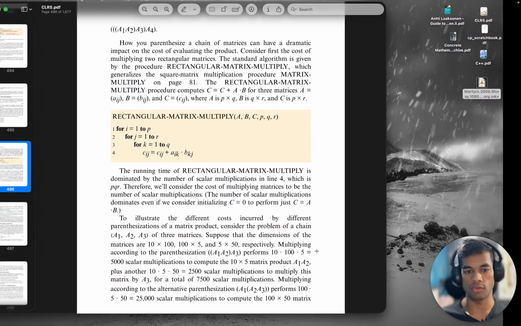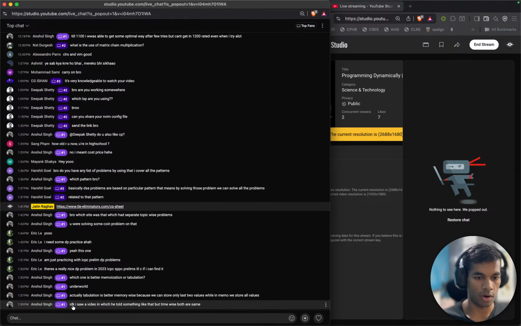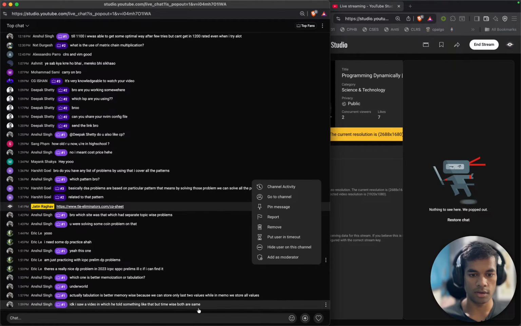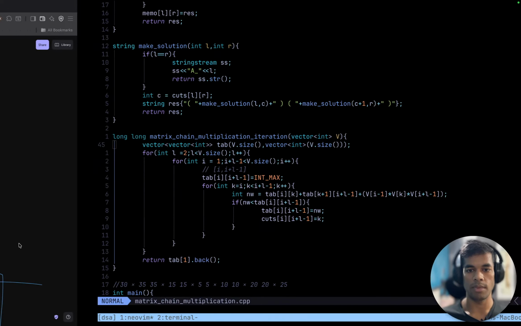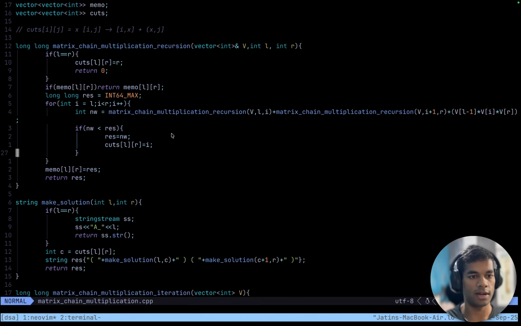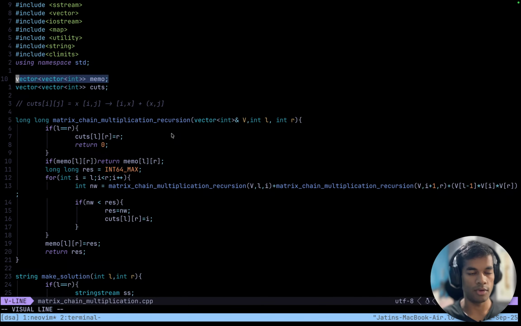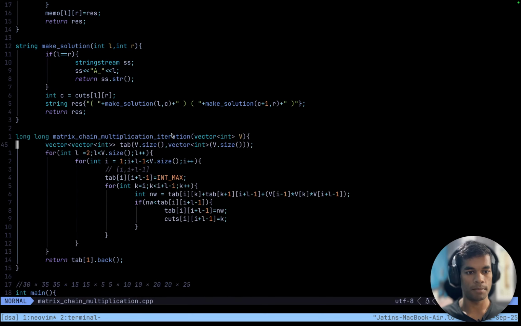And I think that is what you are referring to when you are saying we don't have to store all values. I saw a video in which he told something like that, but the times are both the same. It depends on the underlying data structure that you are using. In this particular case, we are using a two-dimensional vector where the time is the same.